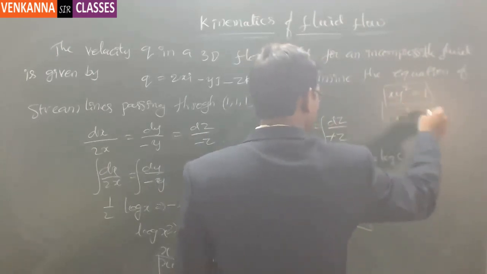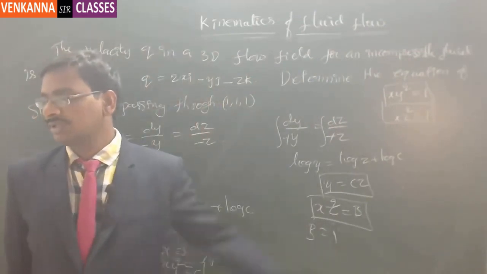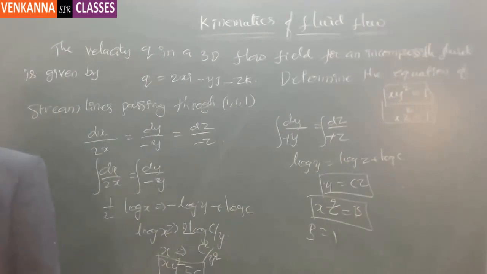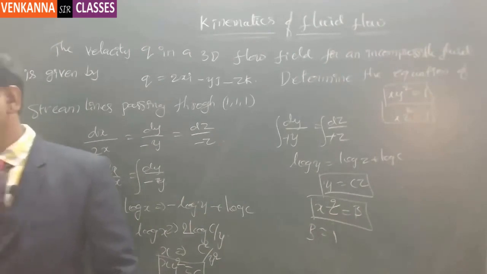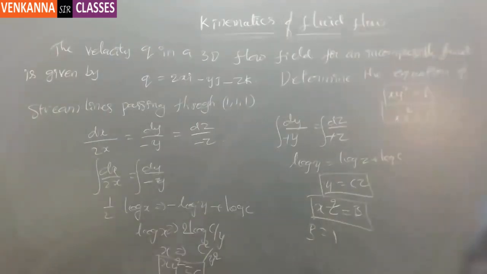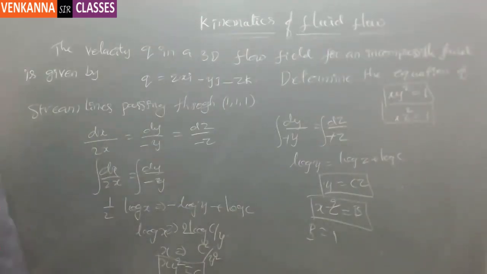So these two together will represent the streamlines equation. So these streamlines are in space. Got it? Understood?